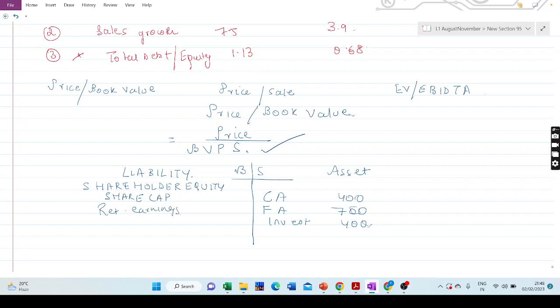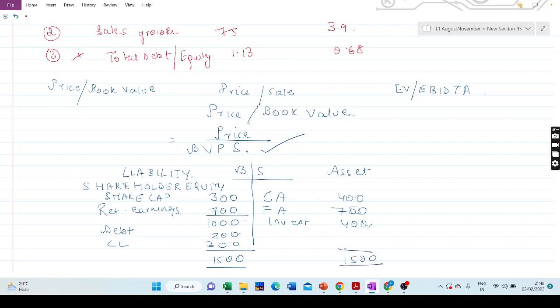Say your share capital is 300, retained earnings is 700, total shareholder equity is 1000. And say you have debt worth 200, and current liabilities worth 300. So total of liability side is 1500, total of asset side is also 1500.